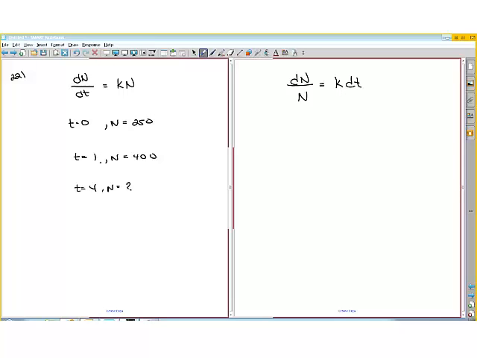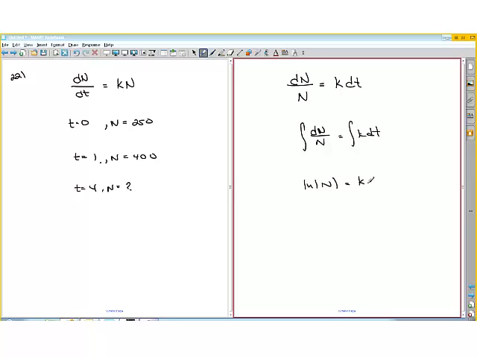Okay, so we integrate these two sides. The integral of dn over n is the natural log of the absolute value of n. k is a constant, so we can bring it outside. It's a constant represented by a letter.